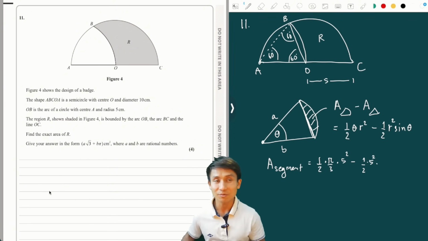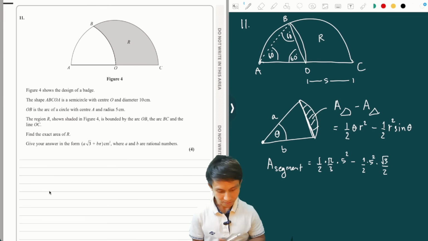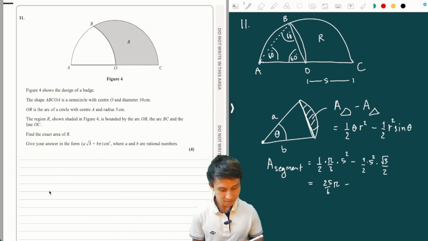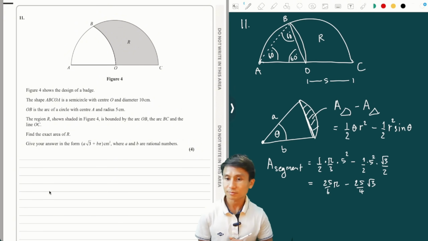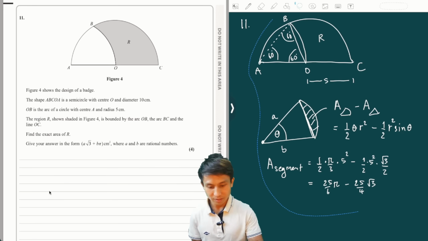Sine 60 happens to be root 3 over 2. If you simplify that, that should be the area of the segment. So this is 25 over 6 pi minus 25 over 4 root 3. Okay, let me just shrink down a bit here.